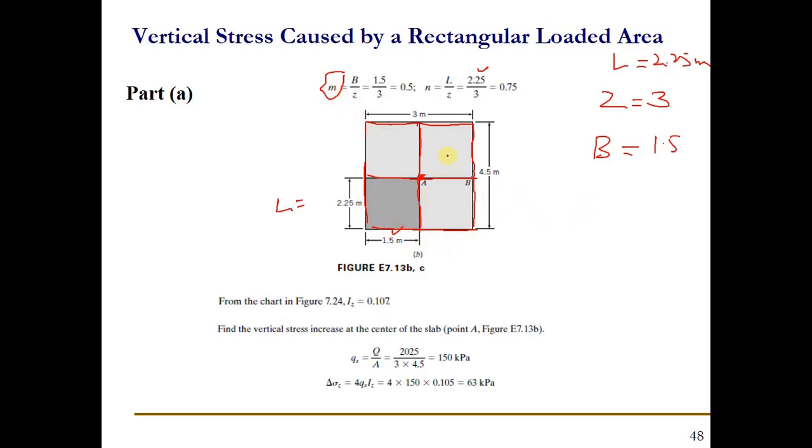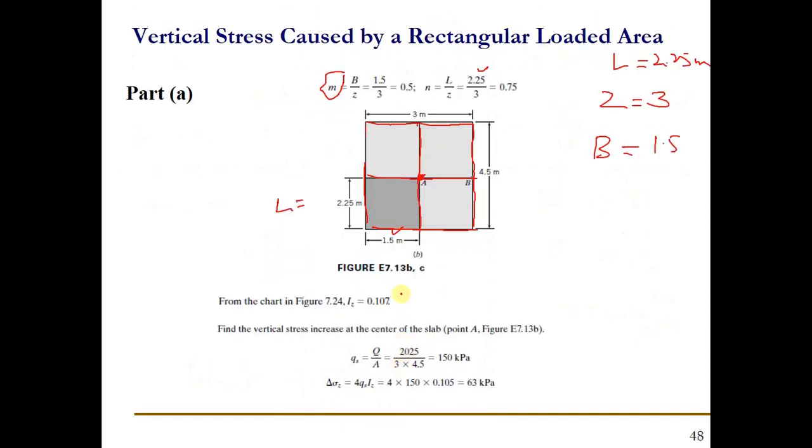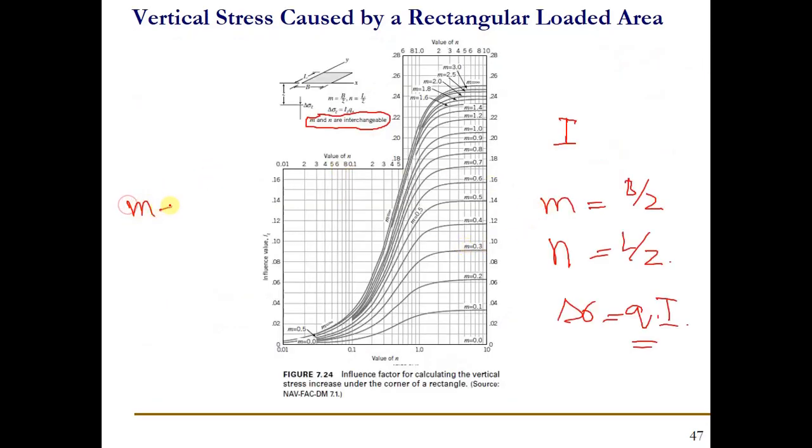So you will find out the M and N, and from the figure, M is equal to 0.5, and N is equal to 0.75, here 0.1 2 3 4 5 6 7 8, so somewhere here, and n is equal to 0.5 here, and you can see the m is equal to 0.1.